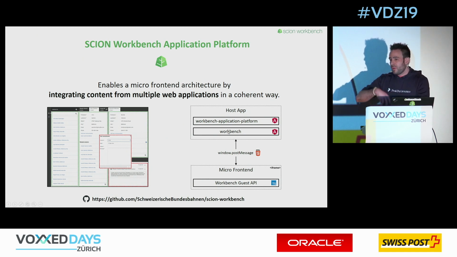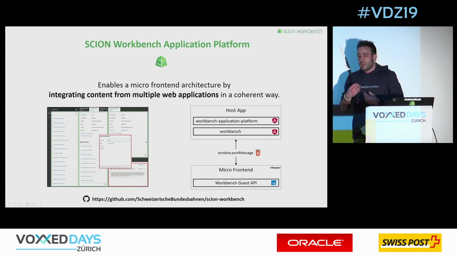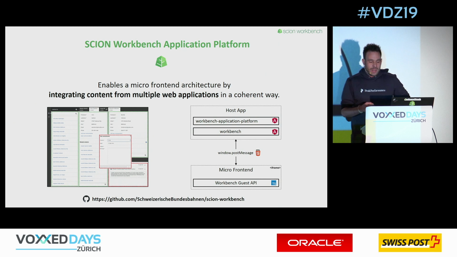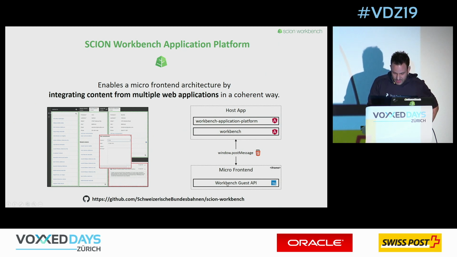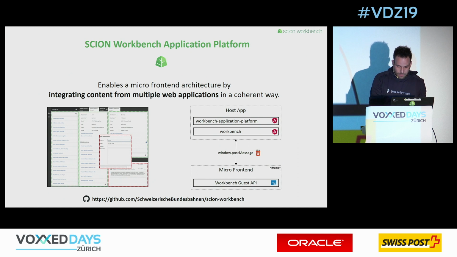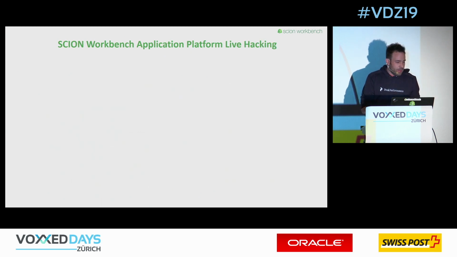The workbench provides you with the view grid, and the platform allows integrating micro-frontends. And for the micro-frontend, you actually have to do nothing, unless you want to interact with the platform, meaning issue an intent. Then you can integrate a guest API, which is written in TypeScript, so it's framework-agnostic and can be used by any web framework. Yeah, that's pretty much it.